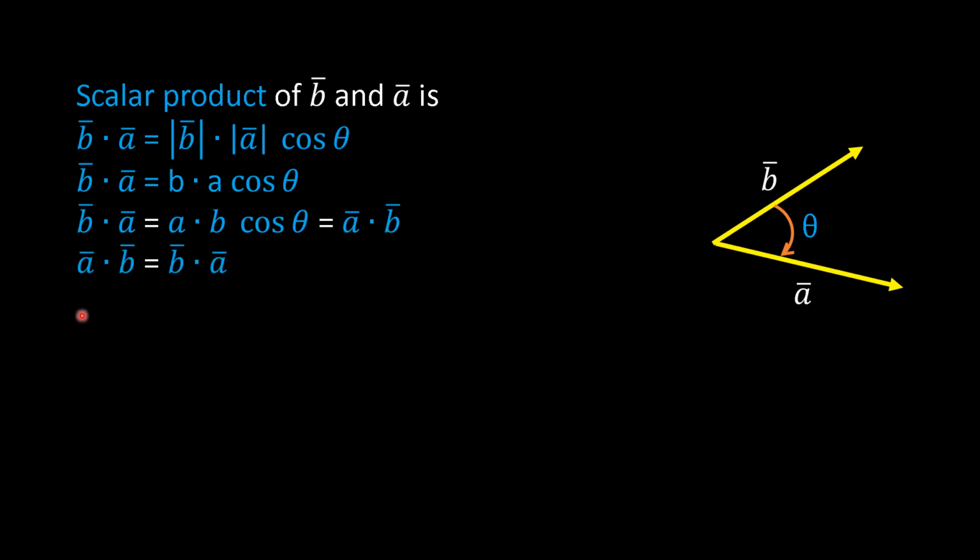So we can say that a bar dot b bar is same as b bar dot a bar.